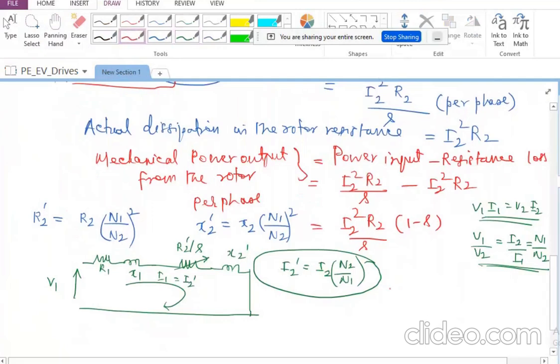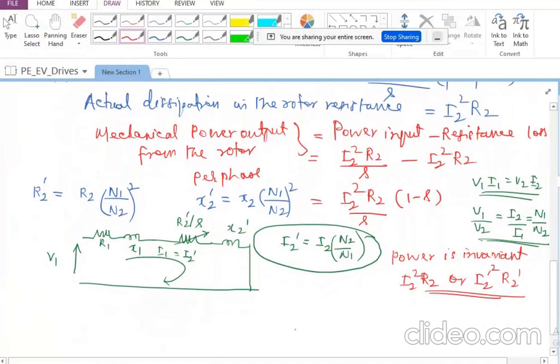So across the transformer, across the gear arrangement, power is invariant on either side. Because of that, whether I write I2 square R2 or I2 dash square R2 dash, both are one and the same. It should not be a problem.